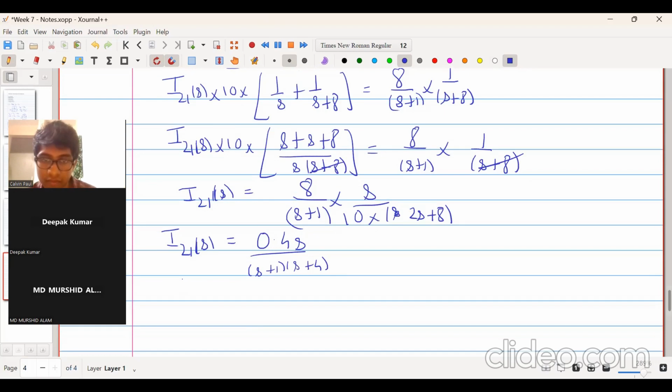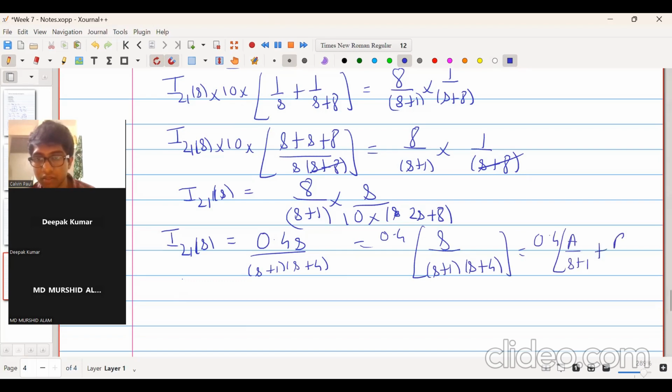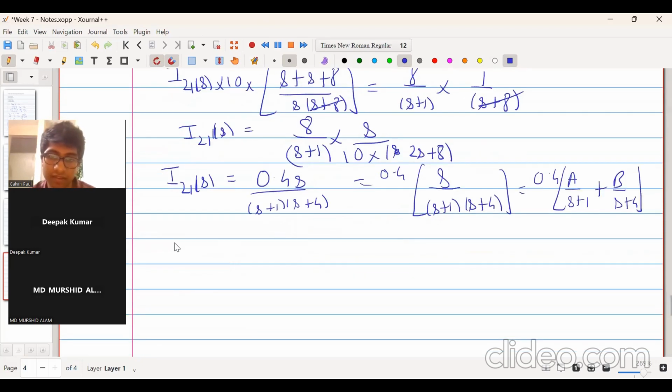No. So this will be 0.4 into S upon S plus 1 into S plus 4, that is 0.4 into A upon S plus 1 plus B upon S plus 4. So we find the partial fraction of S into S plus 1 into S plus 4 as A upon S plus 1 plus B upon S plus 4.